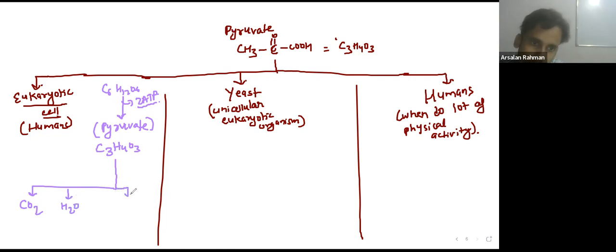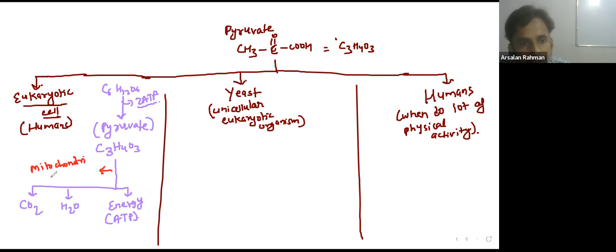And the third product, it will form energy, energy in the form of ATP. This step will occur where? This step will occur in mitochondria, because a eukaryotic cell contains mitochondria.